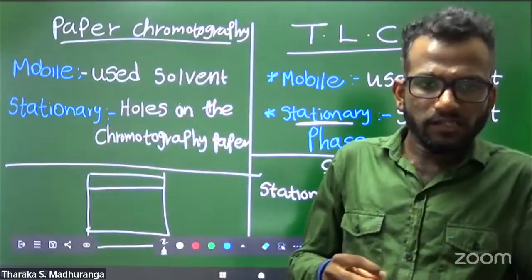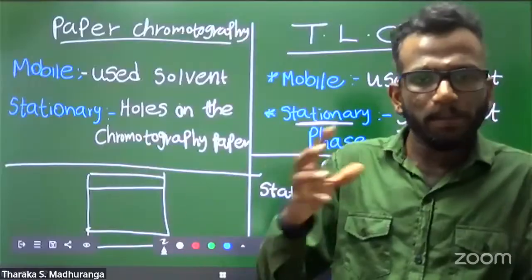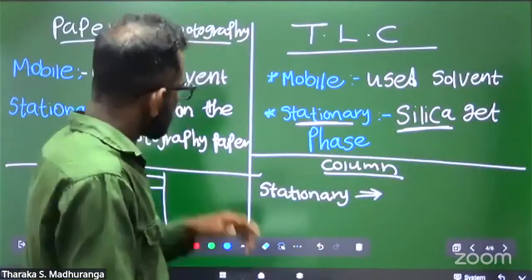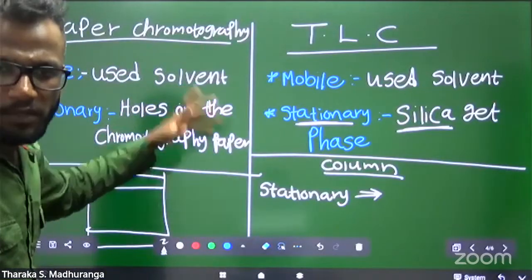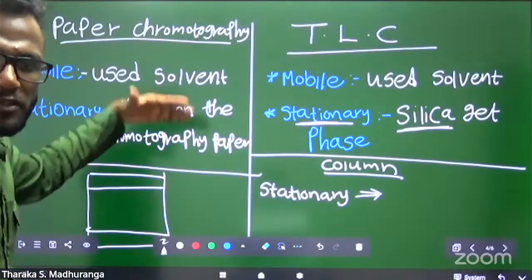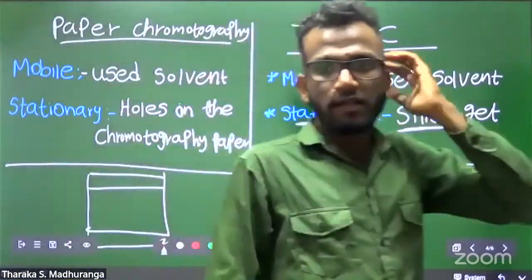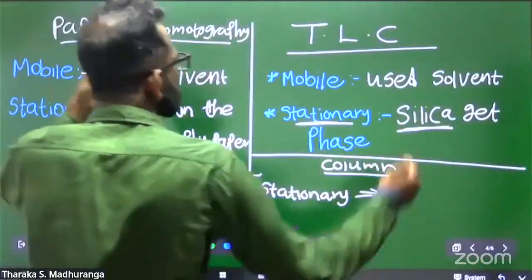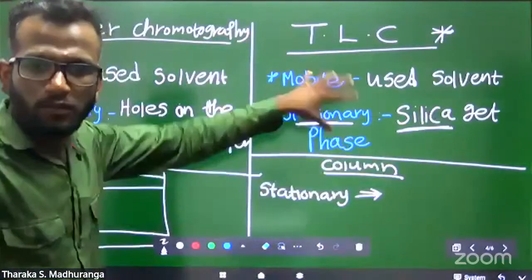It's not a special advantage, but if I compare, that's the advantage of the TLC method. Through paper also compounds move, but the silica gel is better. That's why we always recommend using the TLC method if you can.